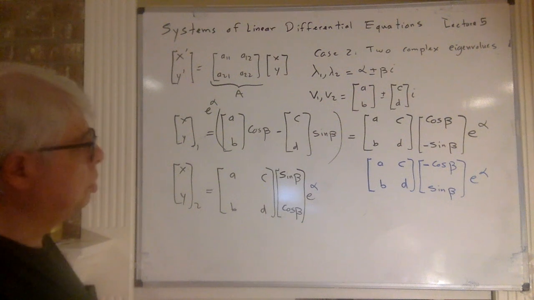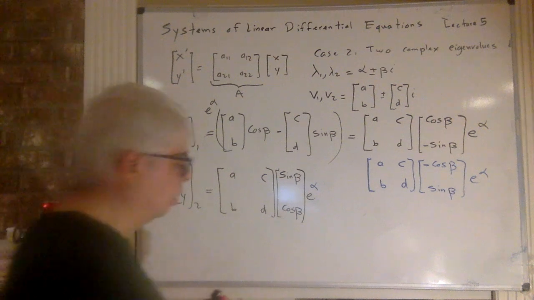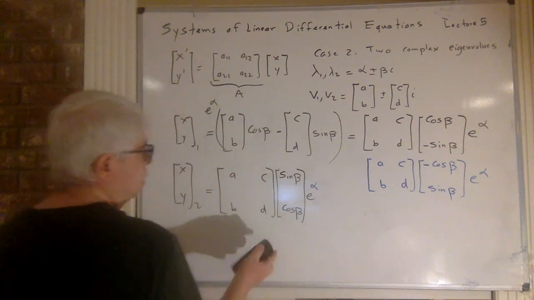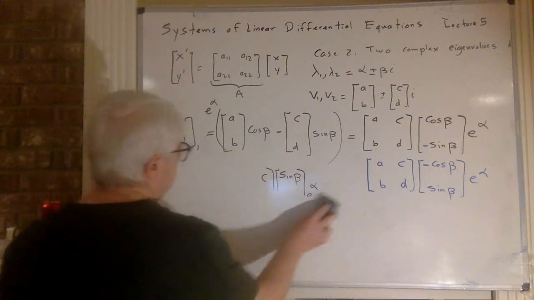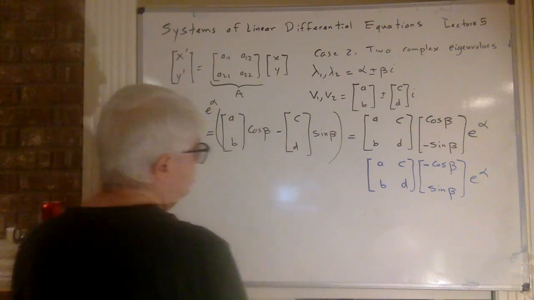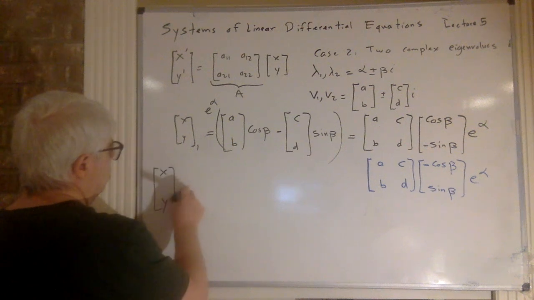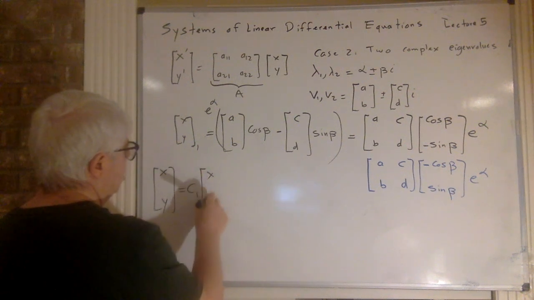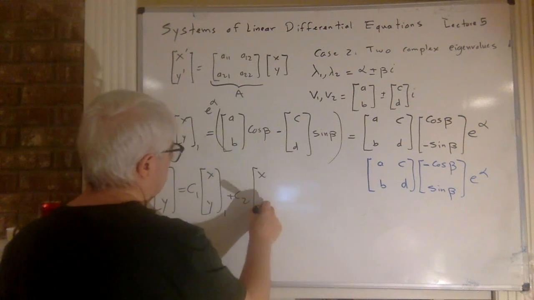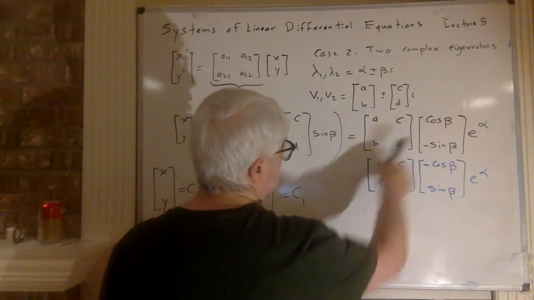So it comes with a constant, and if the constant is positive, then you make it negative or something like that. So the complementary solution is the x, y, which is some constant times the first one, plus another constant times the second one.